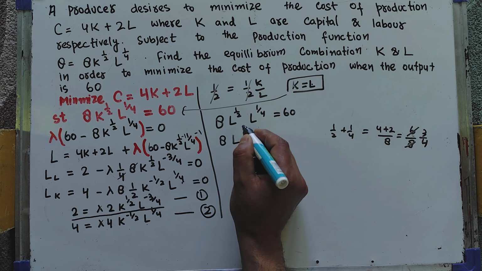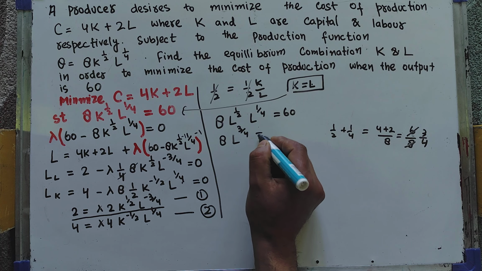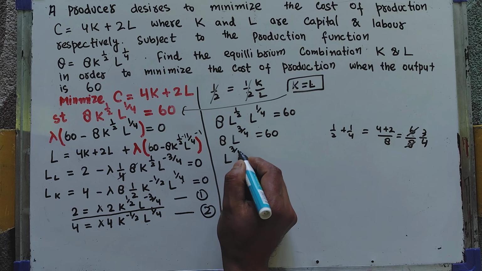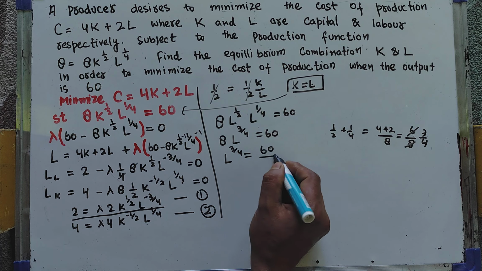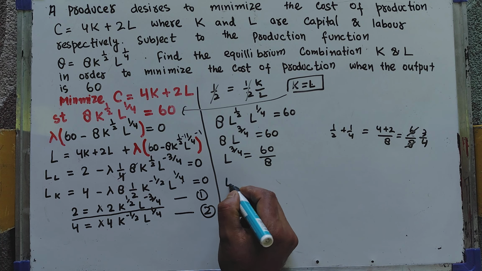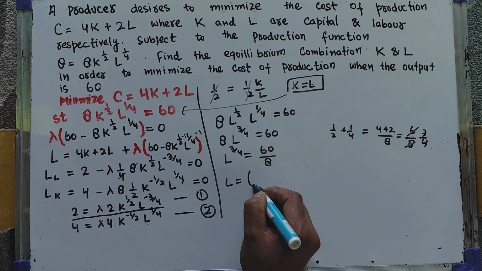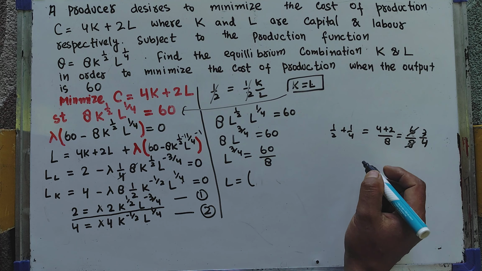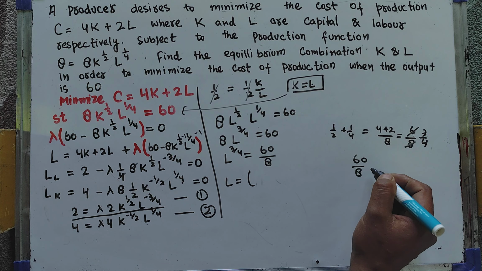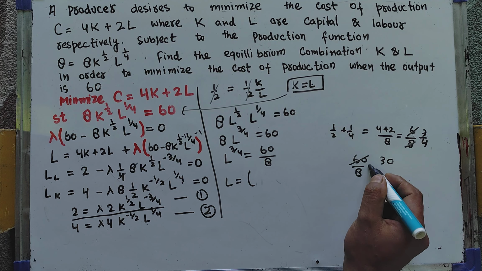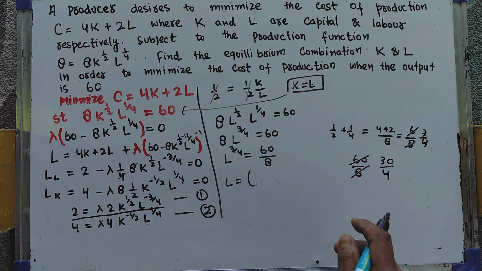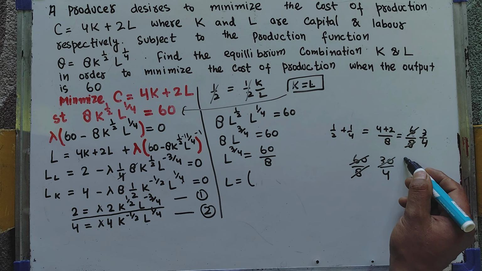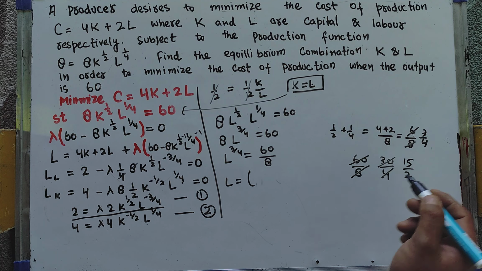So L raised to the power 3 upon 4 is equal to 60, which gives us L raised to the power 3 upon 4 is equal to 60 divided by 8. Let us see what is 60 divided by 8 first. 2 30s are 2 4s are, then 2 15s are 2 2s are, so 15 divided by 2.